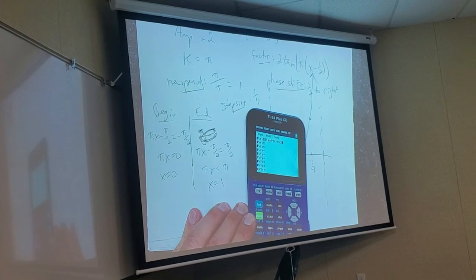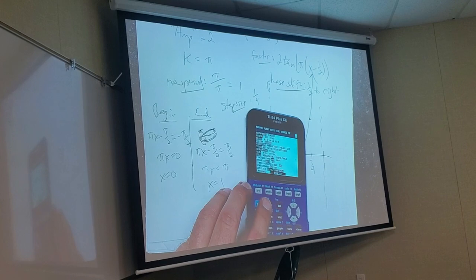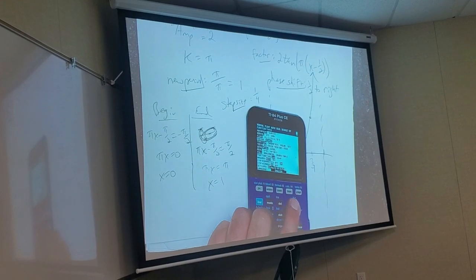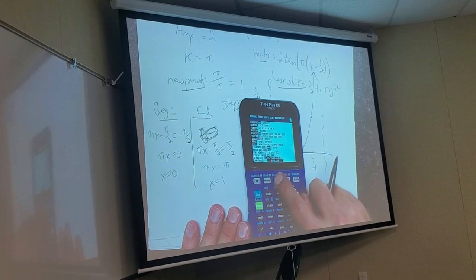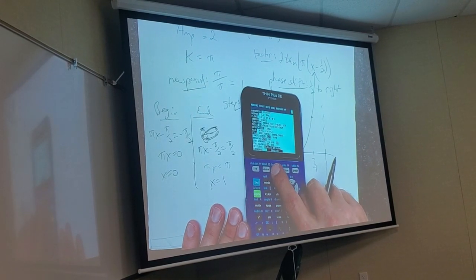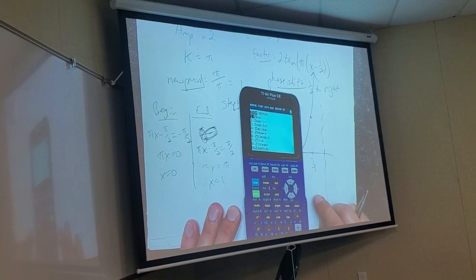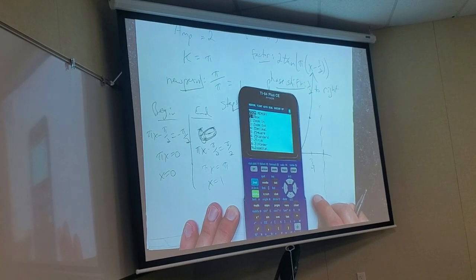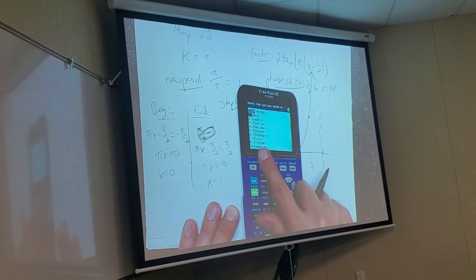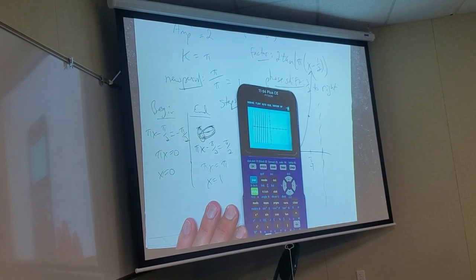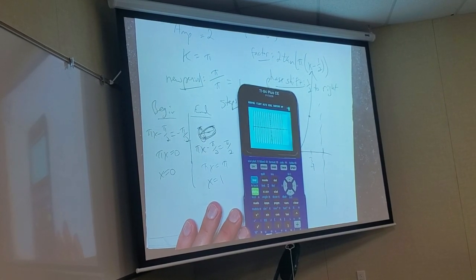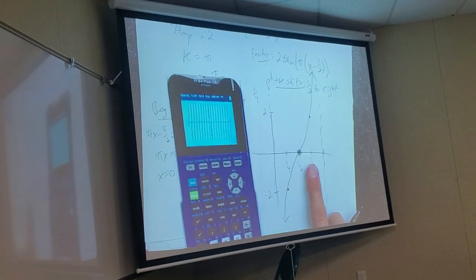Make sure that you're in what? Radians, totally. So let's see. Here's something really kind of cool. If you hit the zoom button, do you see something that looks interesting? Z trig. See what that does. Look at that. All right, let's make this match with our scale.